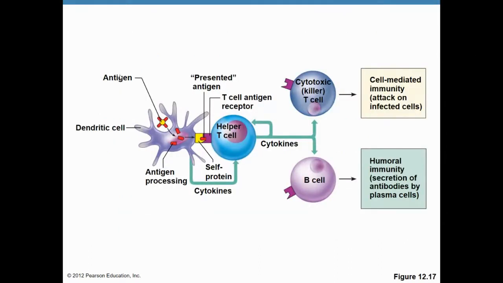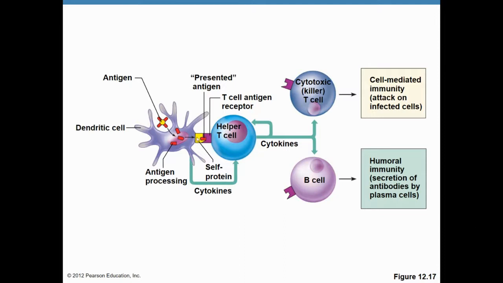So here we are seeing our antigen presentation. So here's our macrophage. It has engulfed an antigen. It brings it into its cell, and then it uses enzymes in the lysosome to chop it up into little pieces, and then it displays a little piece of that antigen on a normal self-protein.